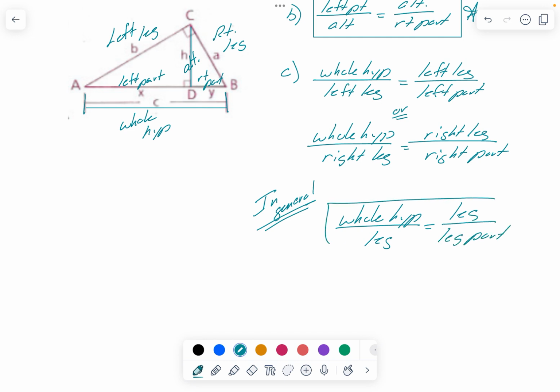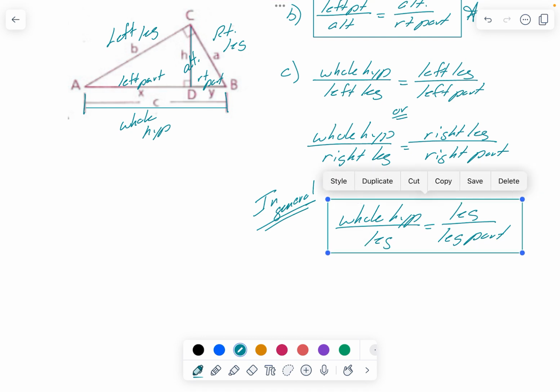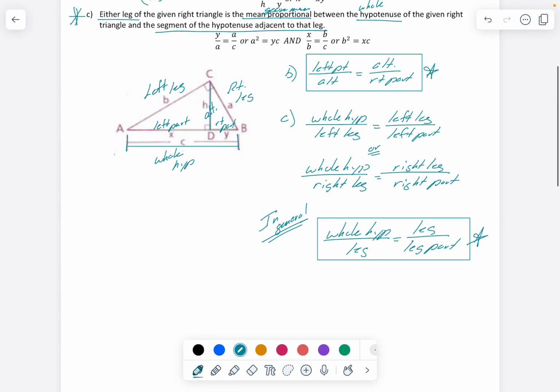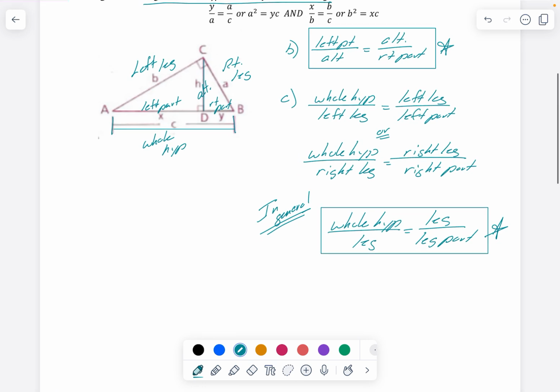Okay, so I'm going to do it like this. That takes them both into account. So in general, whole hypotenuse, leg, the leg part. So it's either the right leg part or the left leg part. So we have two things to memorize. Two things. And again, the altitude is the geometric mean, or the leg is the geometric mean.